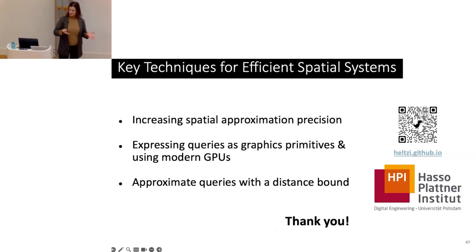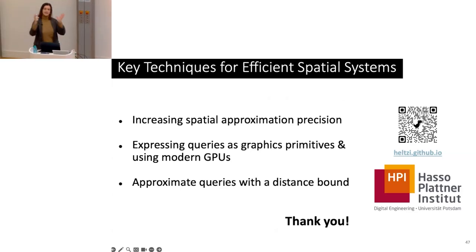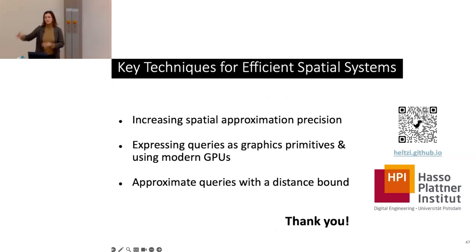So let me summarize here so we can have some time for questions. What I presented to you today, other than a high-level overview of spatial databases, the spatial data primitives, queries, and the filter and refine evaluation pipeline that we use, is spatial approximations and how important the precision of the spatial approximations is, and how increasing the precision with a few tricks can make a difference in query performance.